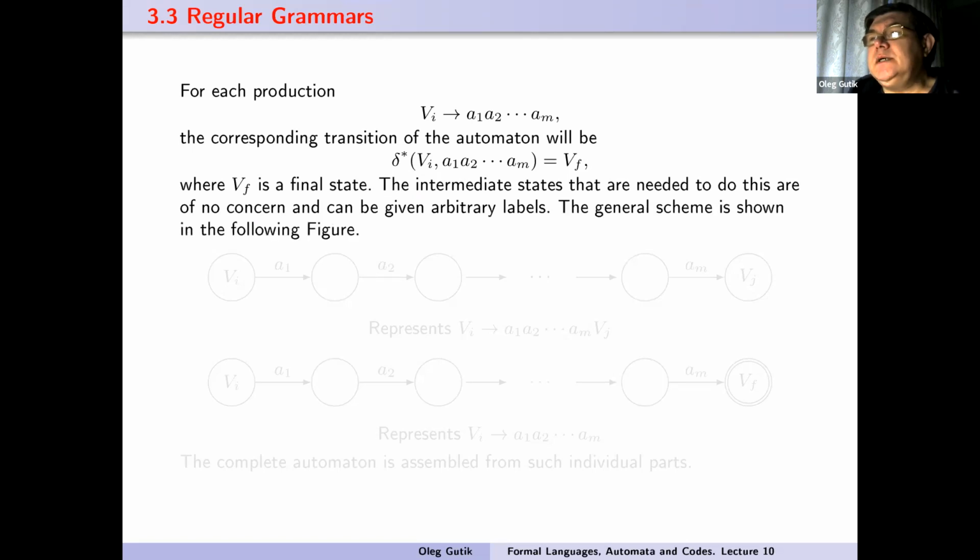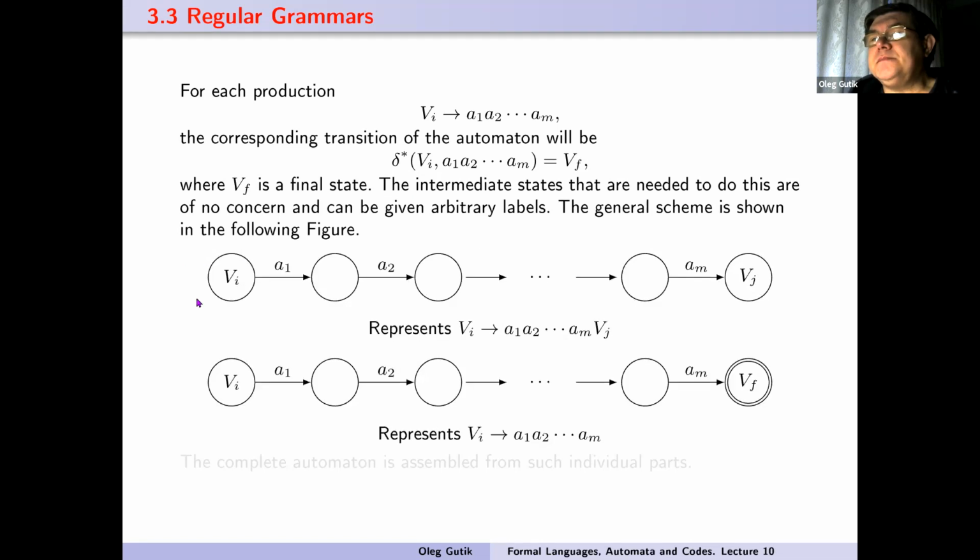The general scheme is shown in the following figure. The first figure represents the transition V_i into a1, a2, so on, am, V_j.